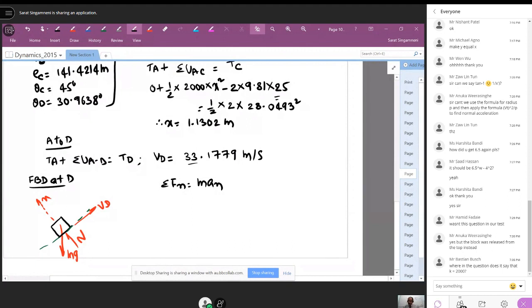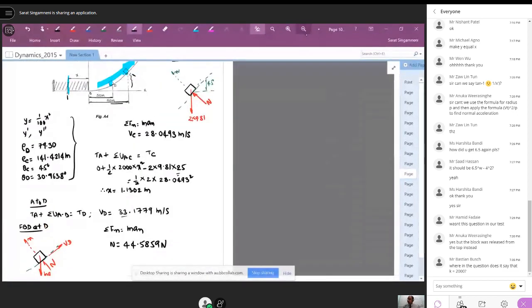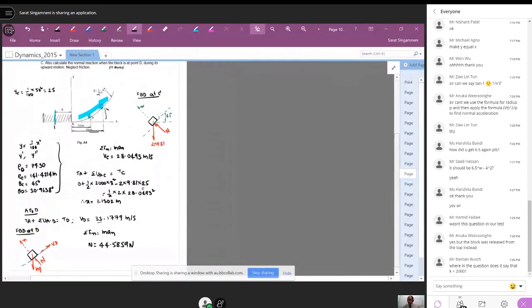Substitute those quantities, you will get N as equal to 44.5859 Newton. As you can see, I'm not giving the full solution, but I'm showing you the way. Any question?